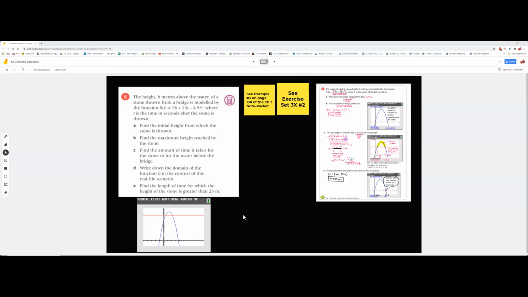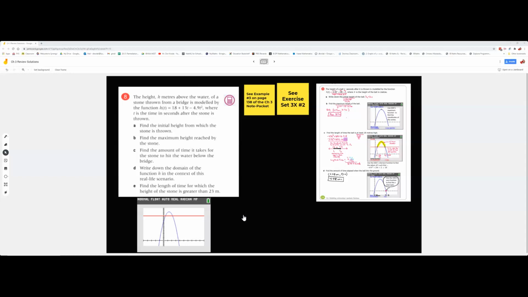Find the initial height from which the stone is thrown, then find the maximum height, then find the amount of time it takes for the stone to hit the water below the bridge, find the domain of h in the context of this real scenario, and then find the length of time for which the height of the stone is greater than 23 meters. Now, this could be done by hand algebraically, or it can be done on your calculator. This symbol here indicates use your calculator to solve this problem.